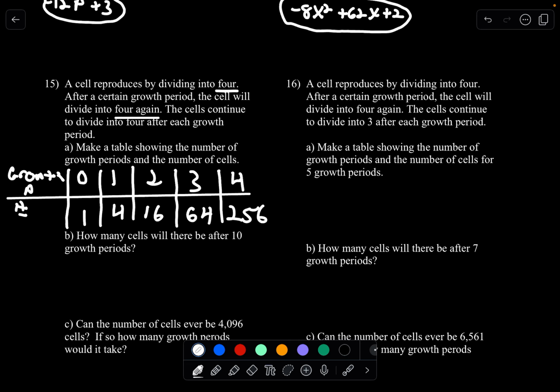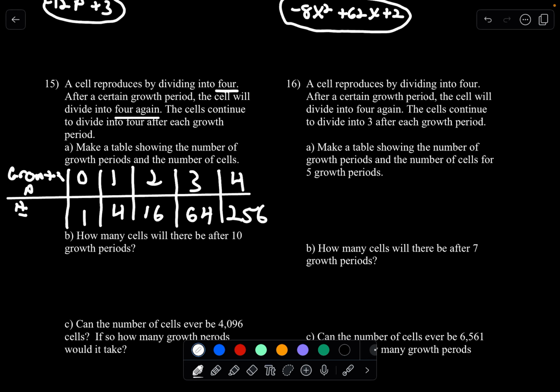Okay. Now you can keep this up after 10 growth periods. So they want to know after 10. So I would probably go with 256 and keep multiplying. So 256 times 4, the fifth growth period, is 1024, times 4 again.